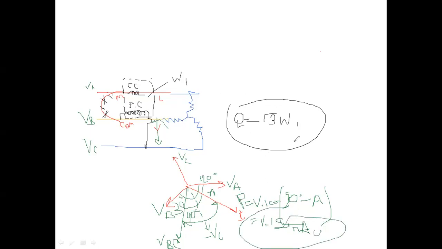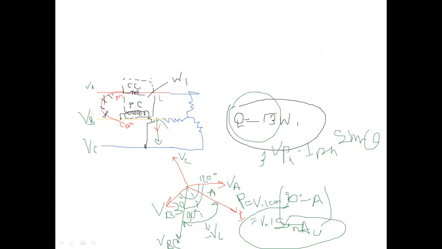This reactive power is multiplied by root 3, and that's why it becomes Q. And why root 3? We know that it is root 3 into VL and IL sine theta, and you may say Q equal to 3 into V phase into I phase into sine theta. So Q equals root 3 into W1.